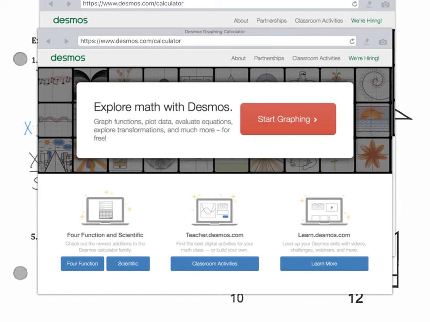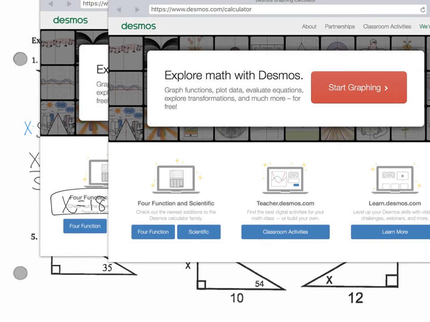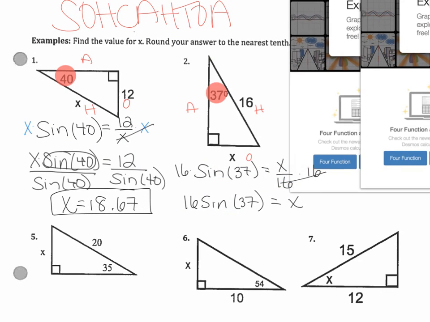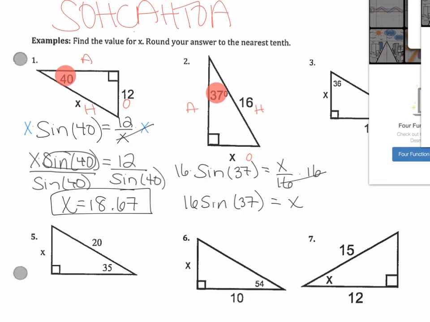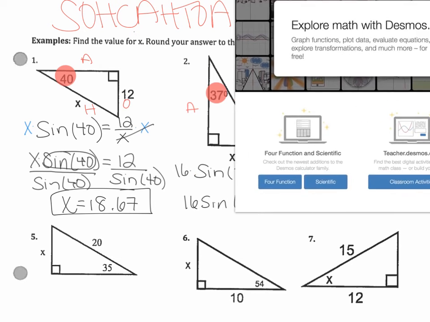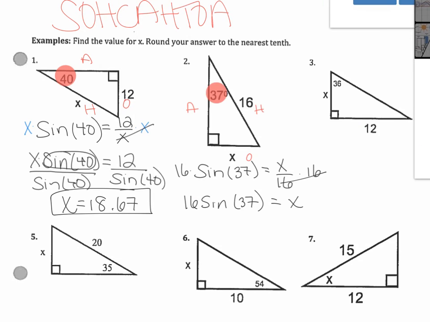I get 9.6666. I'm pretty sure it was 9.6. Of course, that's the wrong one. This one is 9.6. Yep. So x equals 9.6. Okay.